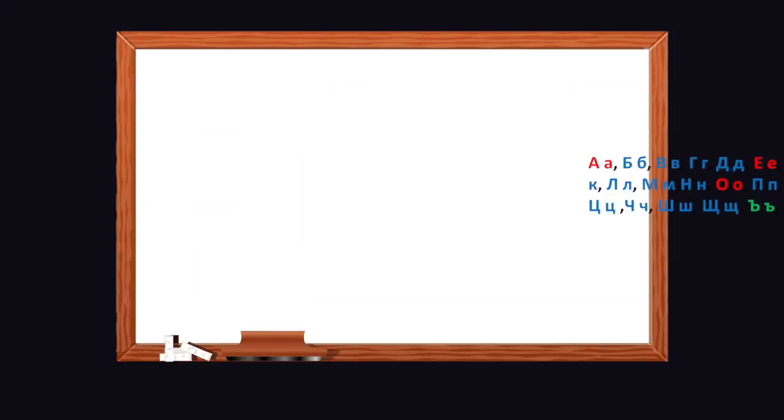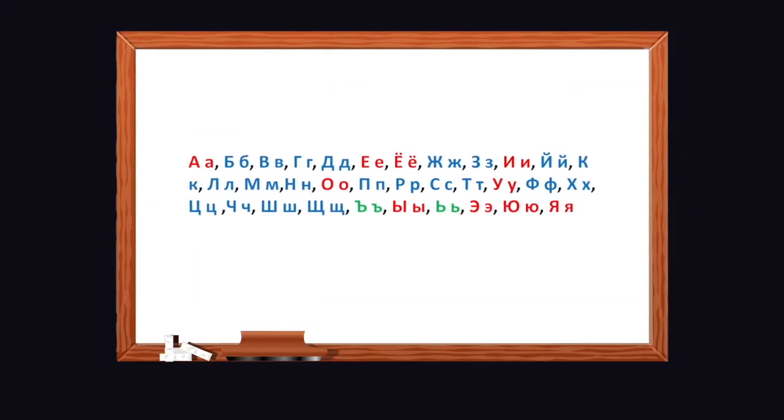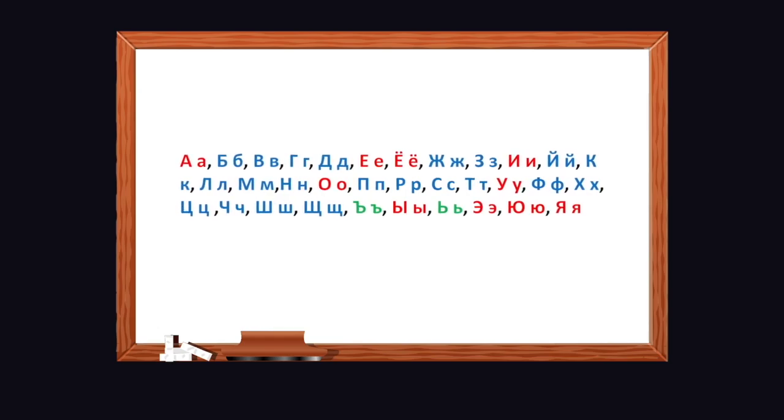Now, as we are going to discuss the vowels, consonants and signs in this particular module, I would like to draw your attention to all these letters together, as you can see them.